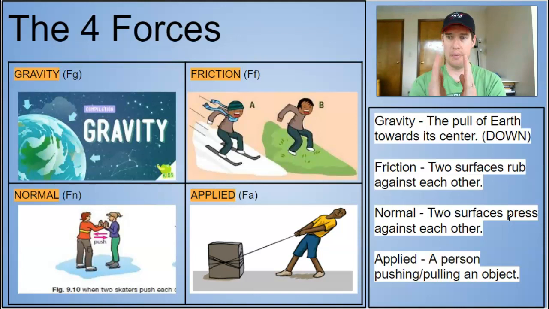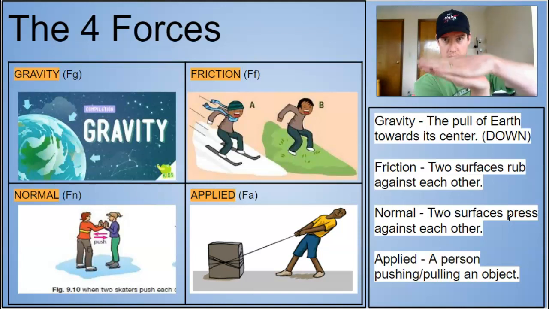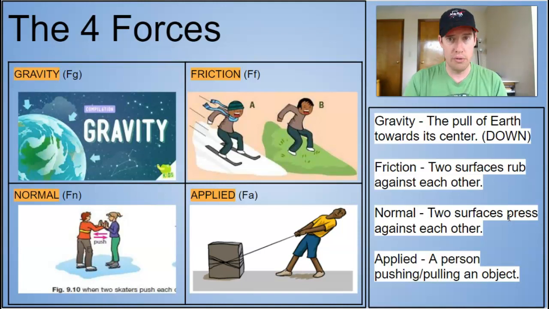This one can't press on this one without this one pressing against this one. If they come in contact and they're pressing, this one is pressing against the other one and holding it up, just as this one is holding it up. So the normal force acts when two objects are pressing on each other.